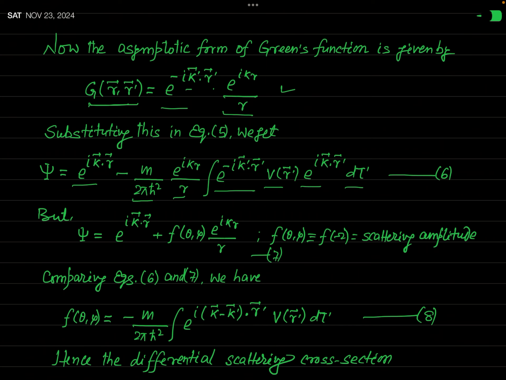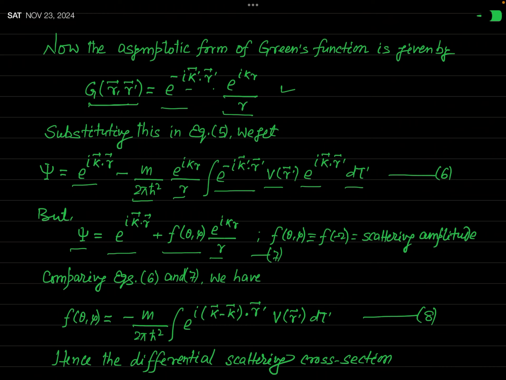But as you have learned in my previous video, in the case of scattering, the total wave function is given like this: e to the power i k dot r plus f of theta phi times e to the power i k r over r.